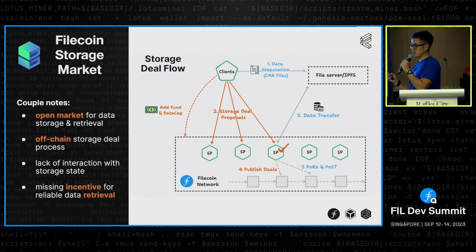How do we fix the problem when it happens? How do we renew? As well as the incentive that you're talking about for retrieval, right? There's a built-in incentive for storing data, but what about retrieval? Now they are doing a volunteering job of providing retrievability. Those are the things that we are thinking about with FVM. We can maybe build something around it to improve those.